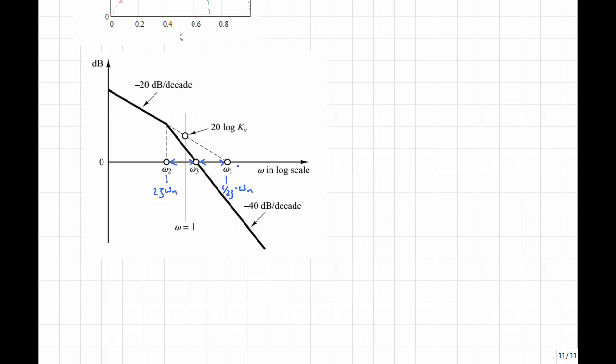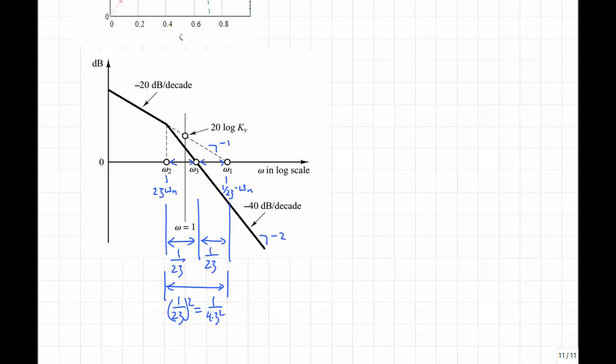The reason is that this slope is a -2 decade per decade slope, whereas this slope is a -1 decade per decade slope. And so the distance here turns out to be 1 over 2 zeta, and the distance here is also 1 over 2 zeta, and therefore the distance spanned from omega 2 to omega 1 is 1 over 2 zeta squared, which is 1 over 4 zeta squared.